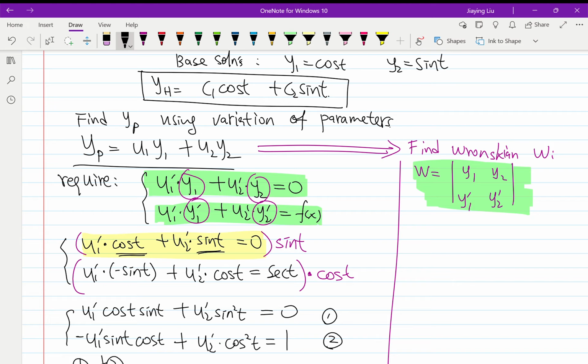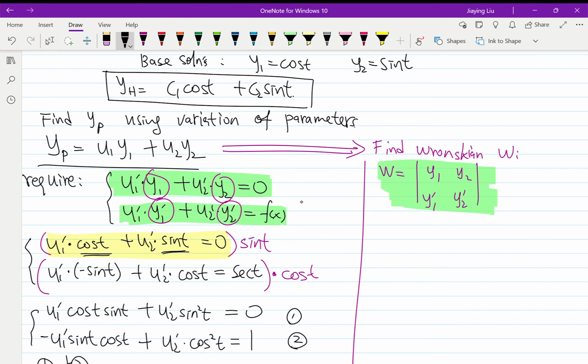So in this example, we can find the Wronskian. W equals y1, which we had as cosine t, y2 as sine t, and then we can find the derivatives of each: negative sine t and cosine t. Then we find the determinant, which is take this diagonal, multiply them, and subtract the product of the other diagonal.